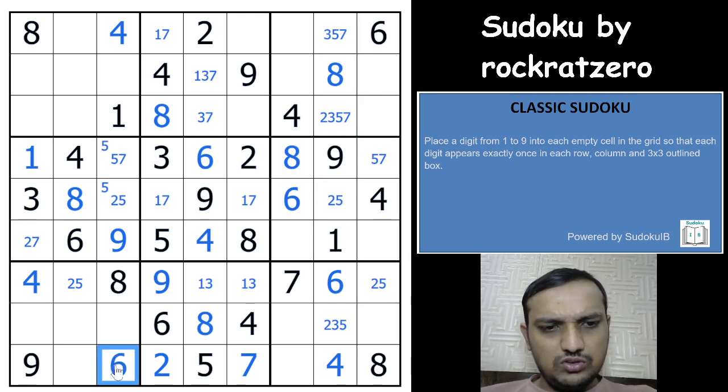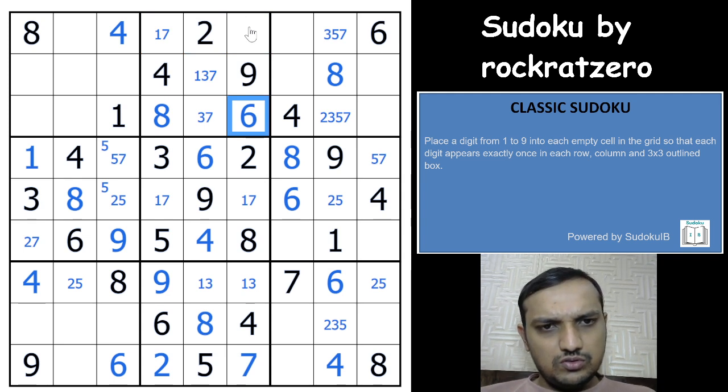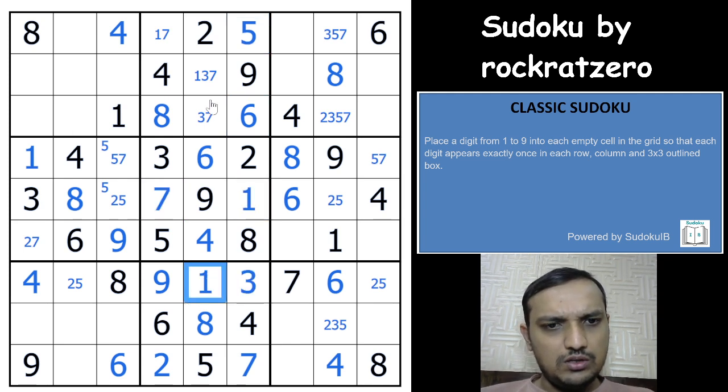Okay, this is a 6 here that I removed actually. 1, 3, 7, so this is a 6. This is a 5 here. 7 gives you a 1 and a 7 here, that gives you a 3 and a 1 here.